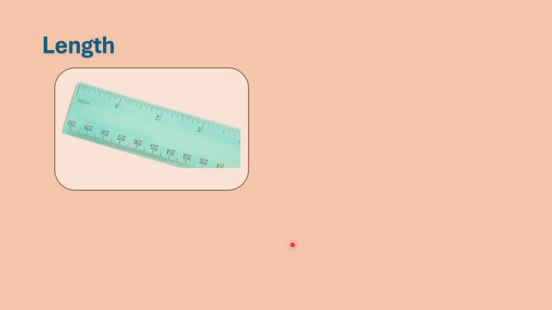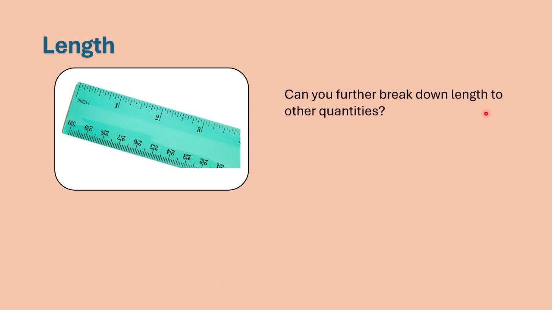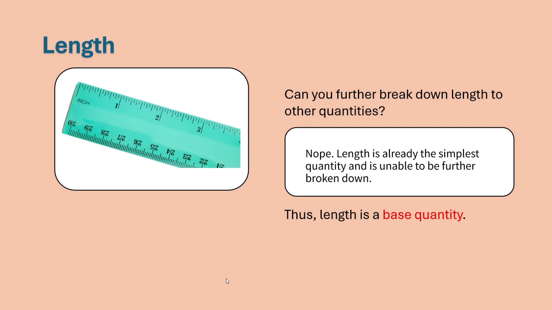Alright, first of all, we have length, the ruler that I've shown you before. Can you further break down length into other quantities? I'll give you a while to think about it. Nope. Length is already the simplest quantity and is unable to be further broken down. Thus, length is a base quantity.